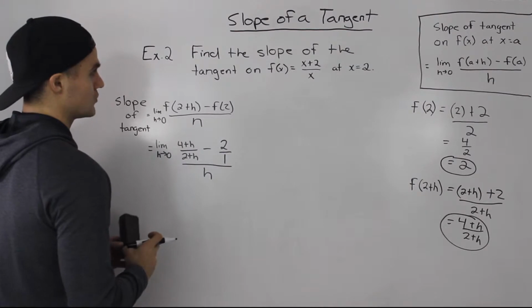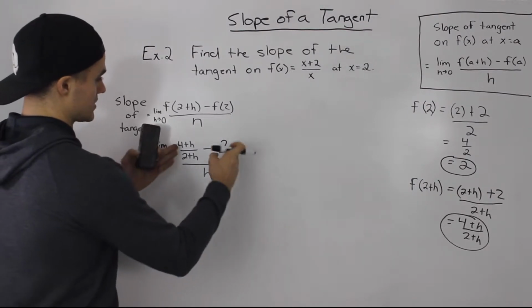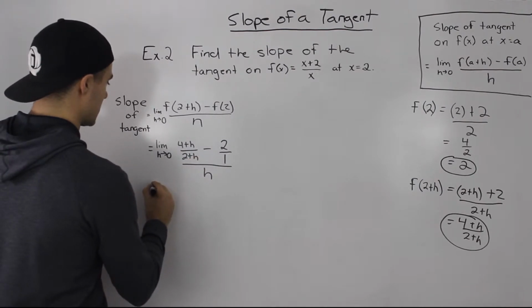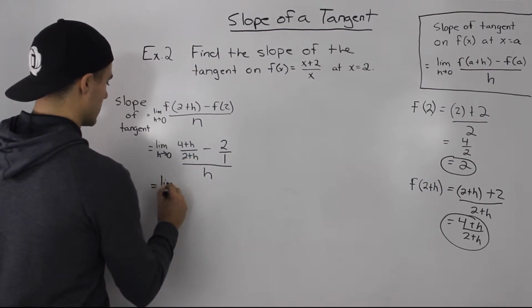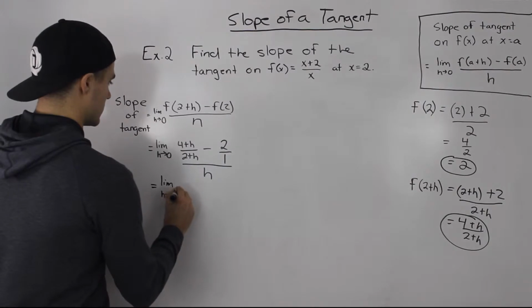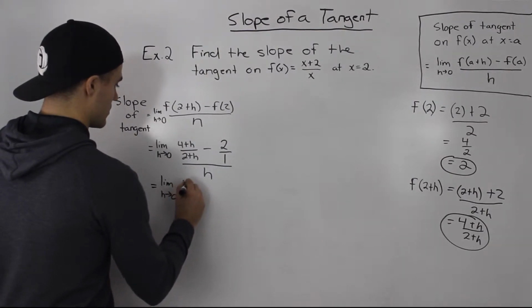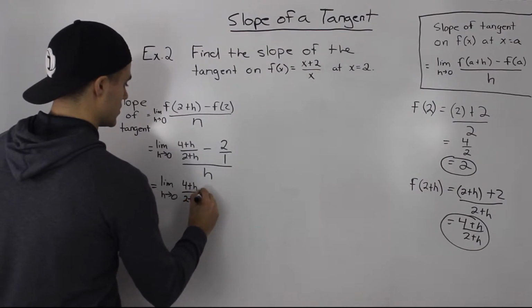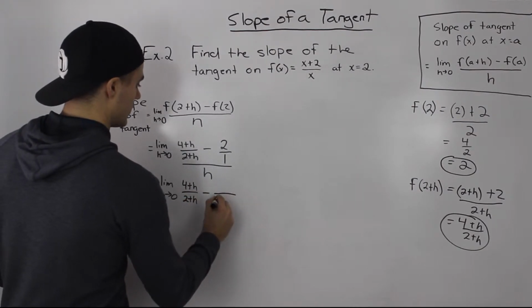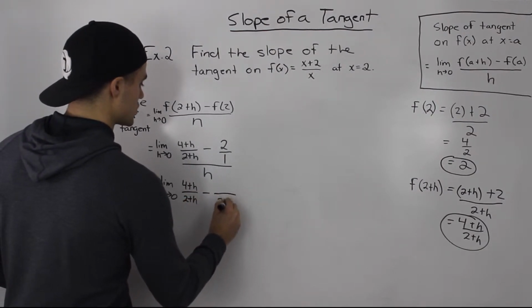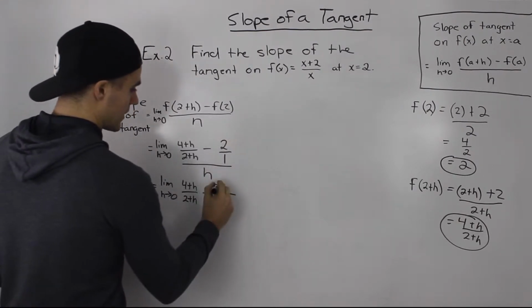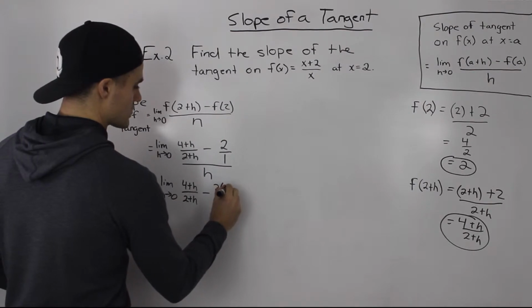So the way we're going to have to do that in this type of question is to make the numerator into one fraction. So we're going to have to get a common denominator. So the common denominator will be 2 plus h. So the denominator here will be 2 plus h. We multiplied the 1 by 2 plus h, so we got to multiply the 2 by 2 plus h as well.